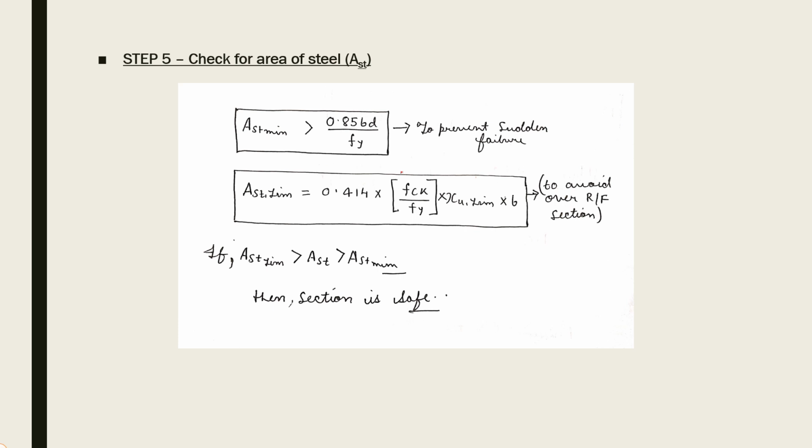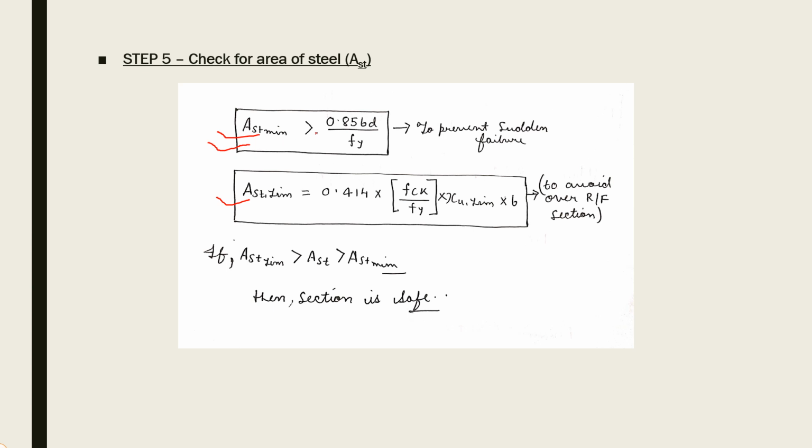If the area of steel is less than the minimum steel, it will go to sudden failure, and if the area of steel is more than the limiting value, then the section will become an over reinforced section. To avoid this failure and over reinforced section, we check for minimum area of steel. The formula is given here.